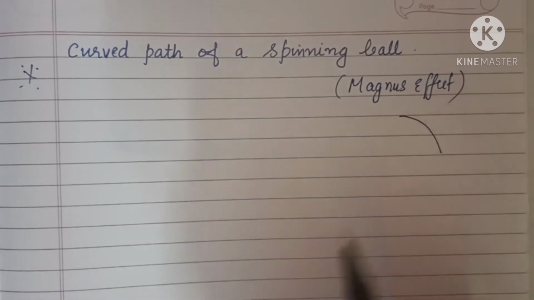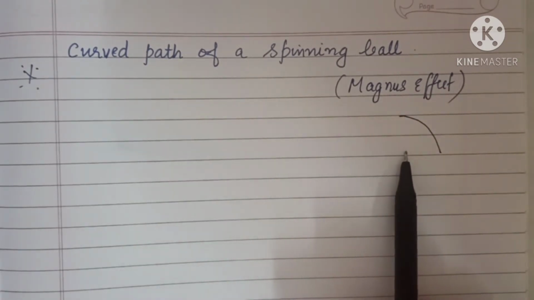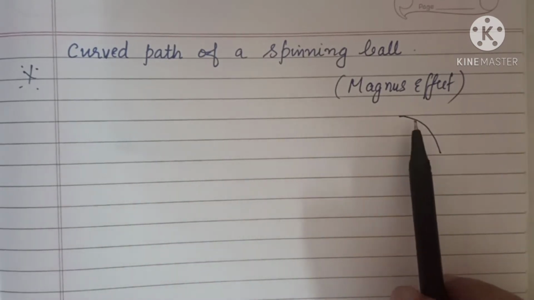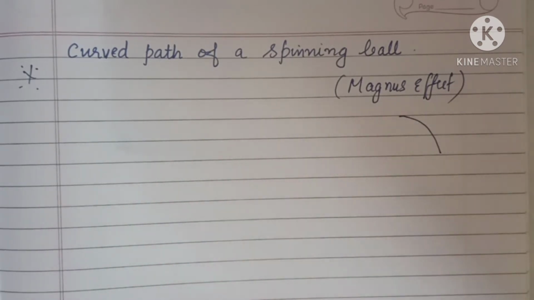But when you use spin in its motion, there will be a change in the parabolic path. It will follow a curved path. So that is because of what? That you can explain with the help of Bernoulli's principle.